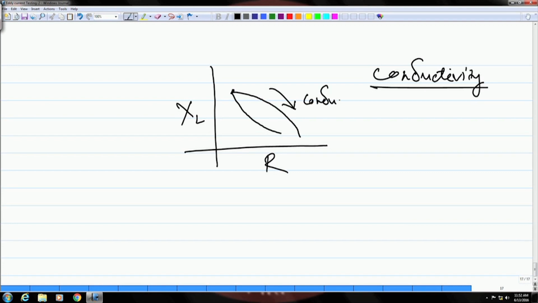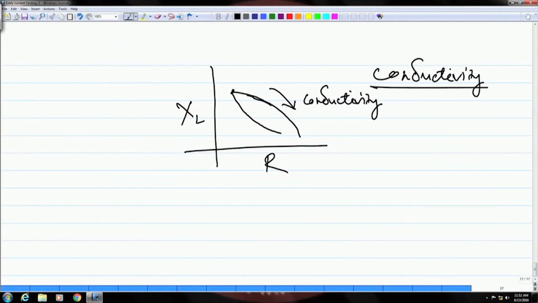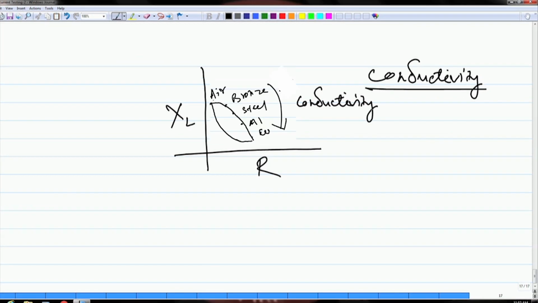So, if conductivity increases in this direction, the change in the resistance and the inductance will be along this curve. Okay. So, this conductivity curve is obtained because for different materials the lift off curves will be like this, and if you join the endpoints of them, you get this conductivity curve. Okay.